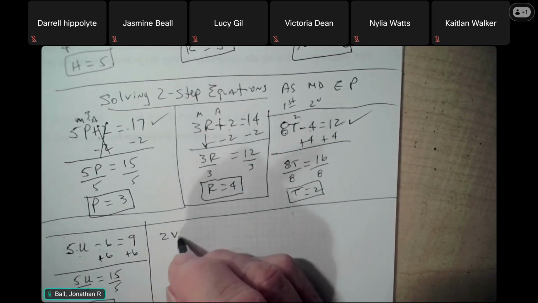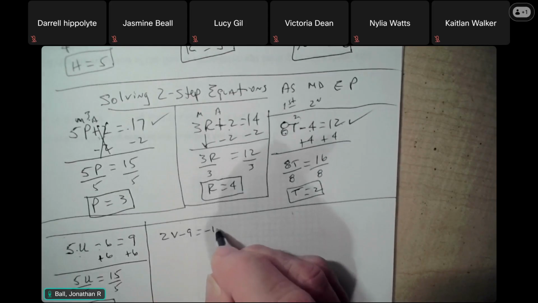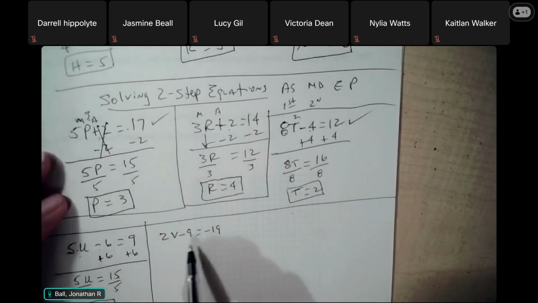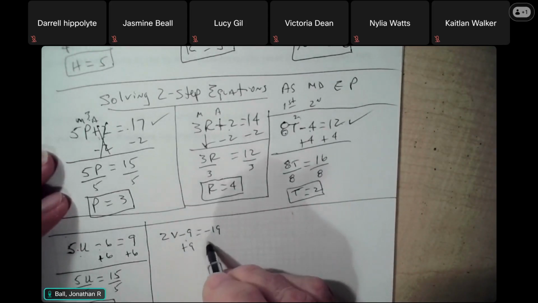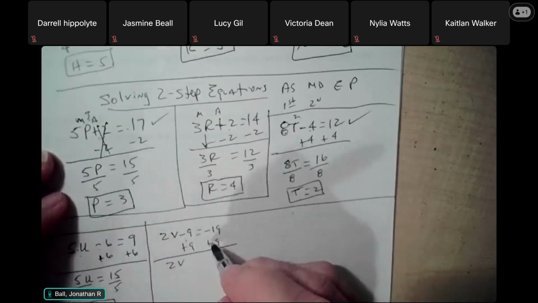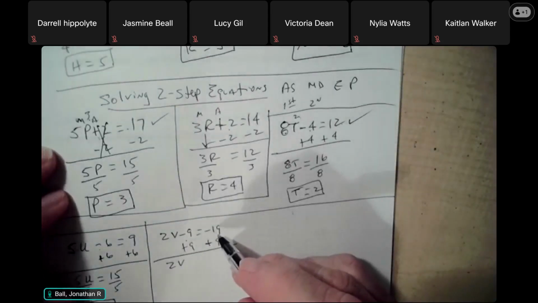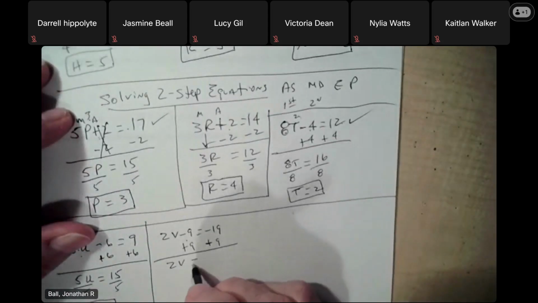2v minus 9 equals negative 19. Same thing. We're going to add 9 to each side. When we're adding and subtracting, if the signs are different, we subtract, take the sign of the larger number.